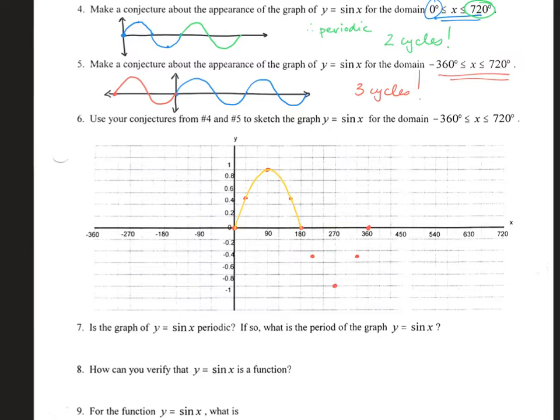As soon as I cross the x-axis, my curve starts to curve up. I make a nice smooth curve, not a V, it's not pointed. And there we go, there is my first positive rotation, 0 to 360.